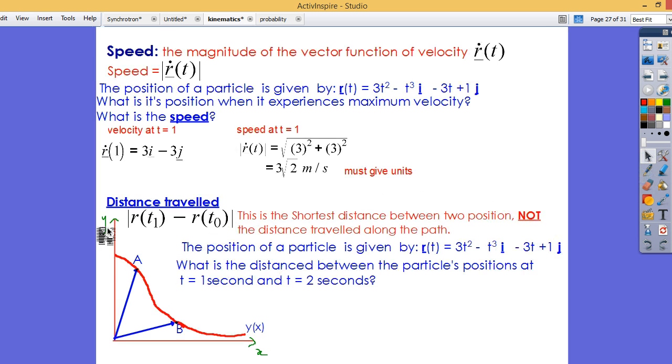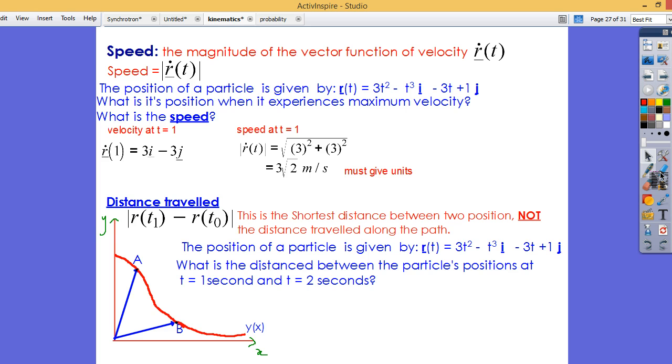When we talk about distance traveled, we get this expression. Now, this expression for distance traveled is in fact the shortest distance between two positions, not the distance traveled along the path. So here's our position vector, and this position vector might produce a path like this, as modeled by our Cartesian equation.